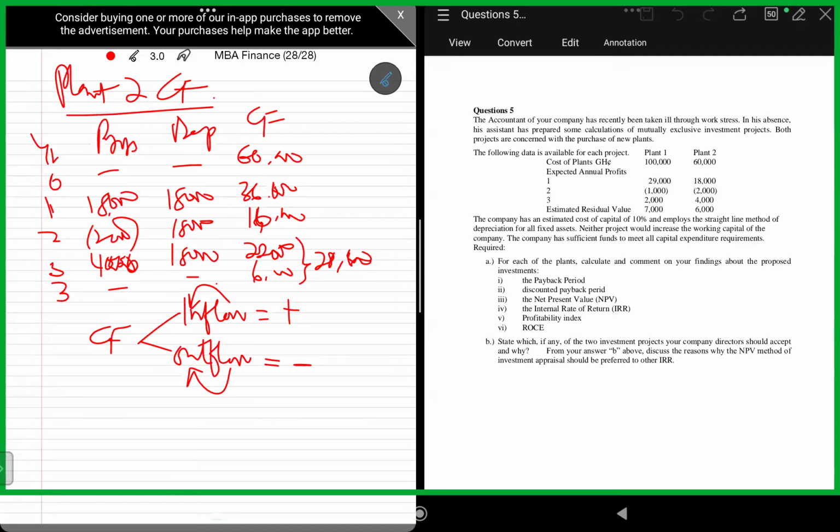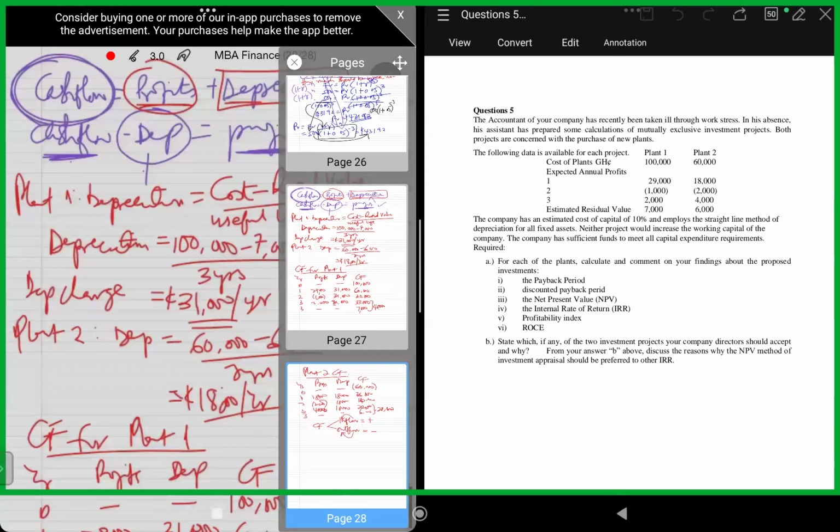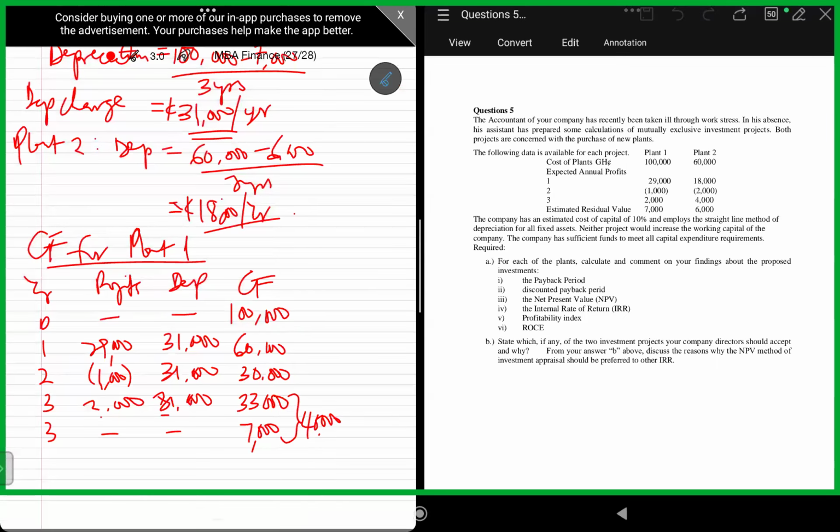The 60,000 is the cost of the plant. If the business wants to go and purchase the plant, they will spend 60,000. So that 60,000 is money flowing in or flowing out of the business. It's flowing out. So we make it negative. You good? Yeah. The same happens to the cost for plant one.